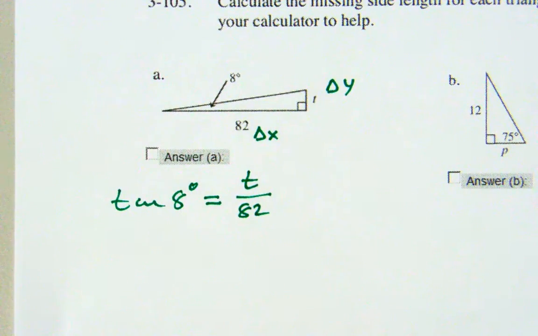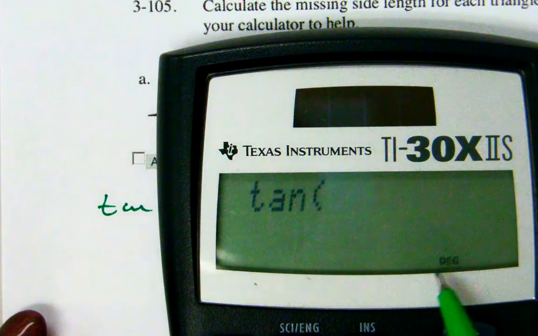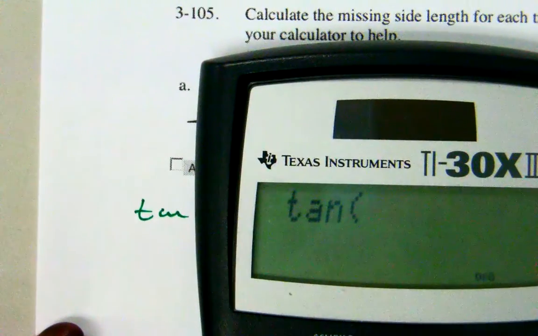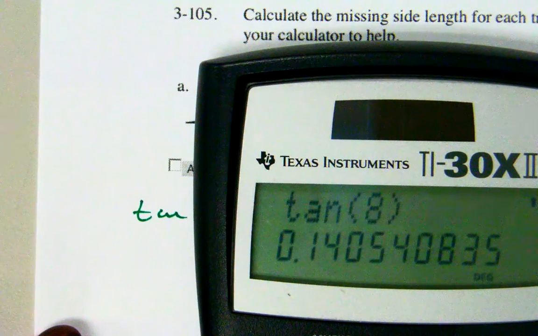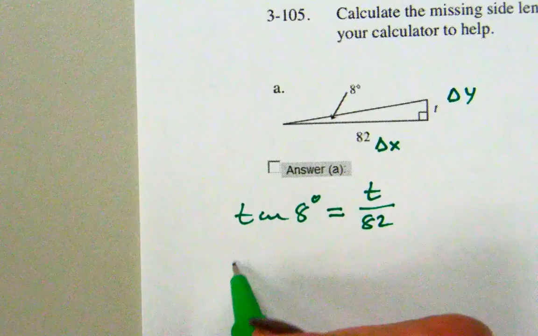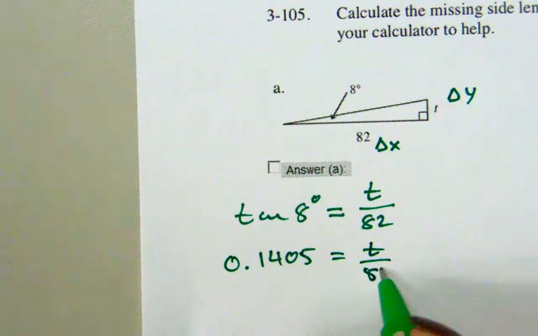There's your setup. Now, if you go on the calculator, you type in tangent. First of all, make sure you're in degrees, because it should say DEG down at the bottom, right? And then you type in 8, because tangent of 8 degrees gives you a decimal, 0.1405. I'm going to round to 4 decimal places. 0.1405 equals t over 82.